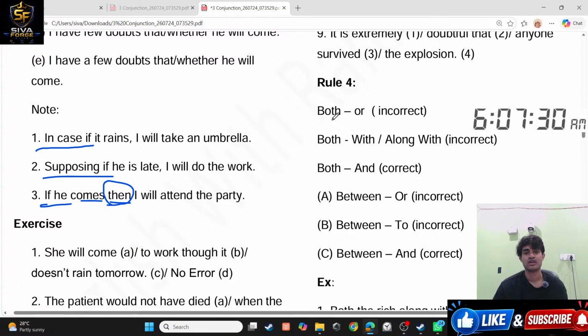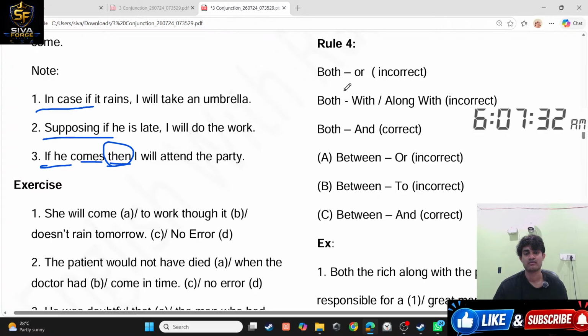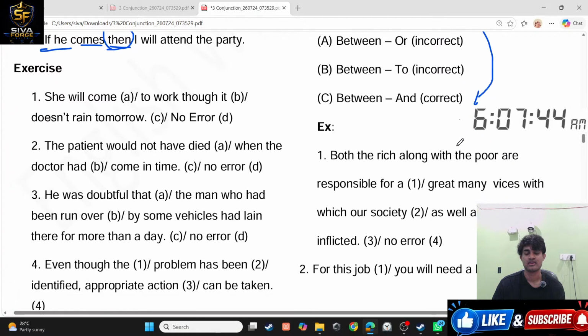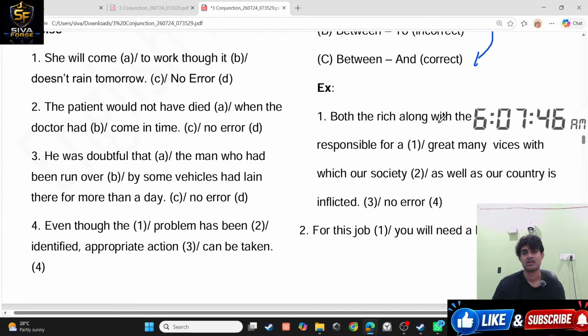We should use both and, not both are, both with, both are along with. We should use between and. Okay. Both and, between and. Rest are all incorrect. Both the rich along with the poor is wrong.